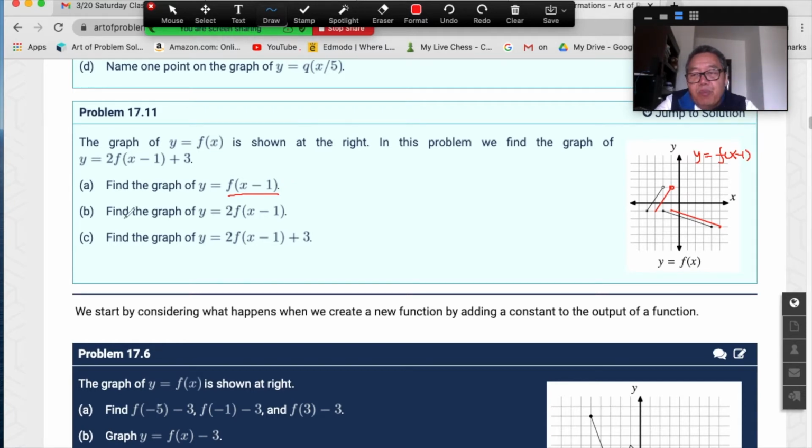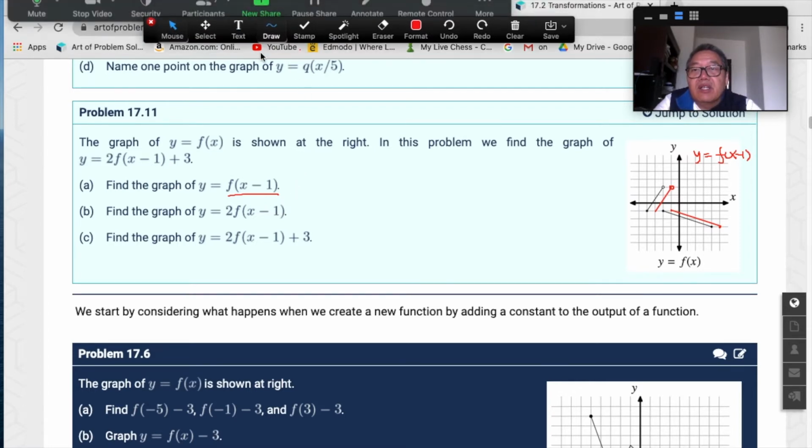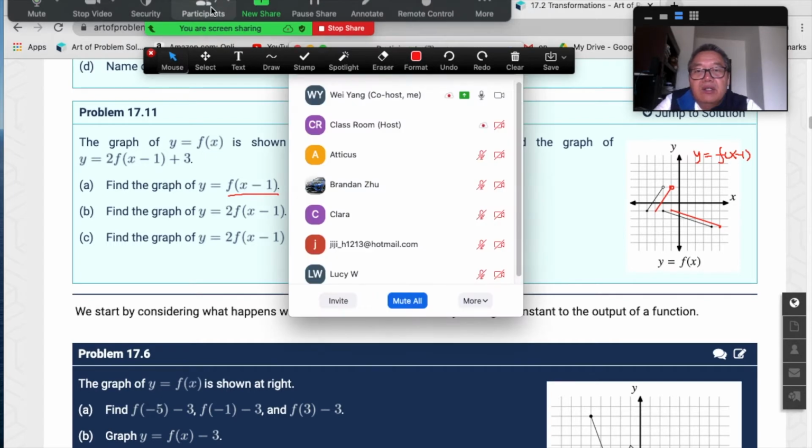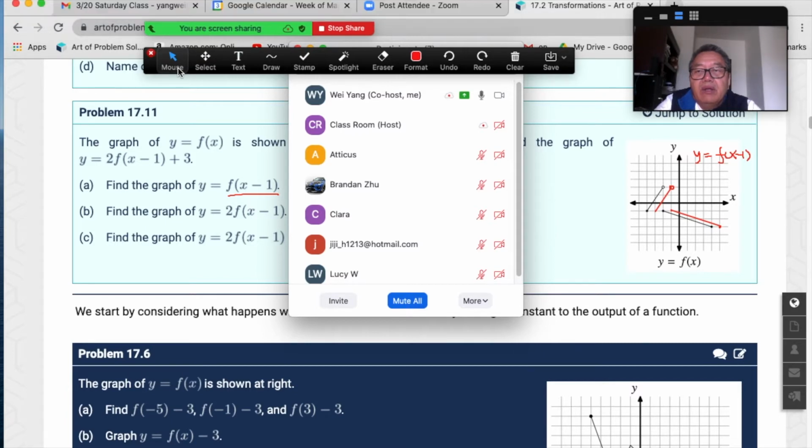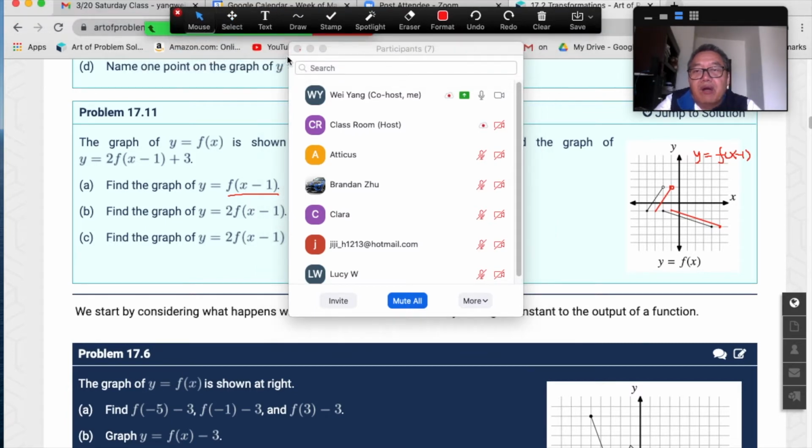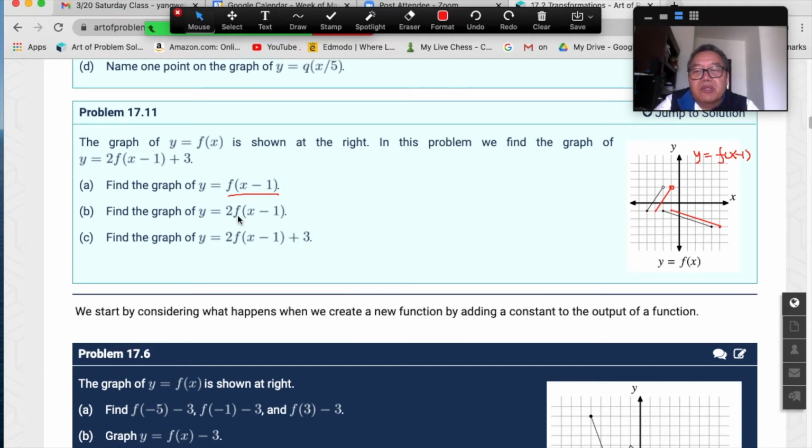Now part B, find the graph of y equals 2 times f(x minus 1). Now let's see, Brandon, can you tell me how we can get this graph, y equals 2 times f(x minus 1), using the graph of this red color?